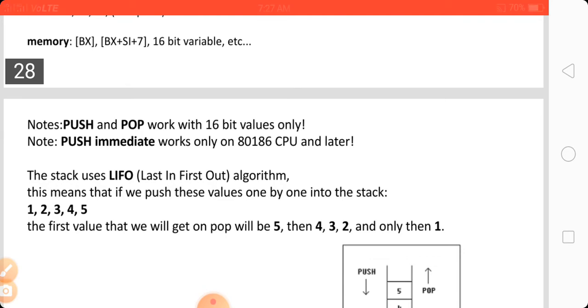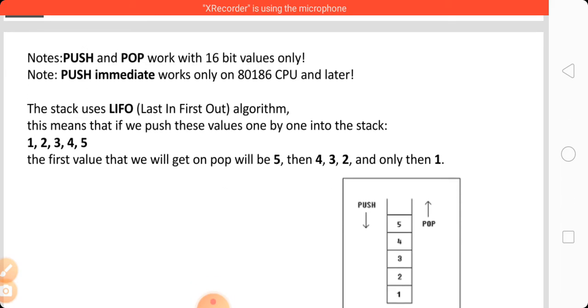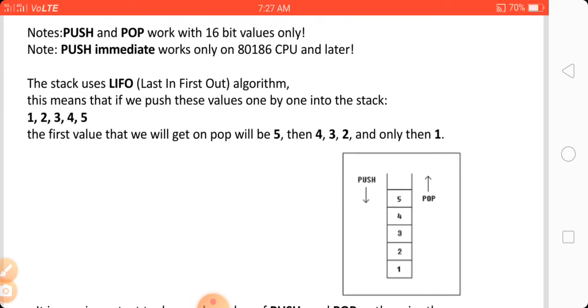That means that if we push these values one by one into the stack, 1, 2, 3, 4, 5, the first value that we will get on the top will be 5, then 4, then 3, then 2, and only then 1. Means last in first out. We can read the last value first.